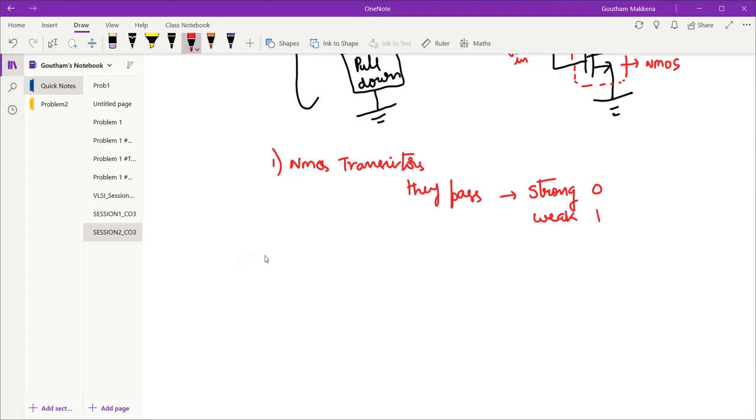Similarly, what did we conclude about the PMOS transistors? The PMOS conclusion will be exactly complementary to this. PMOS transistors pass a very strong one but a very weak zero.